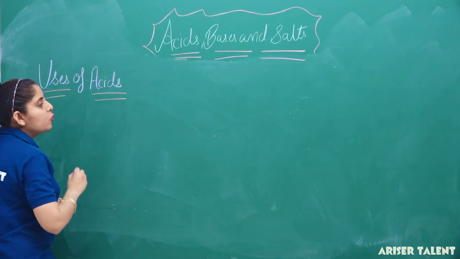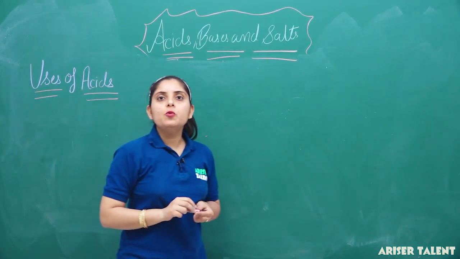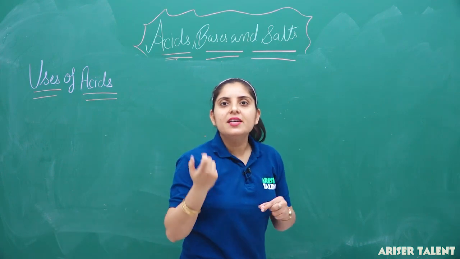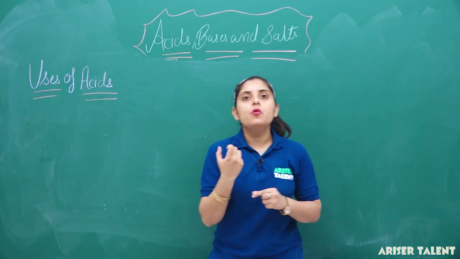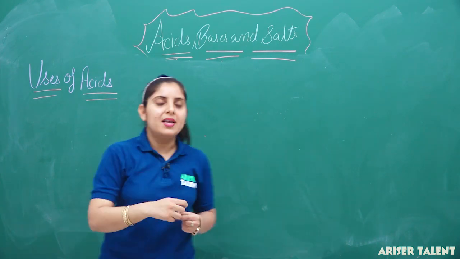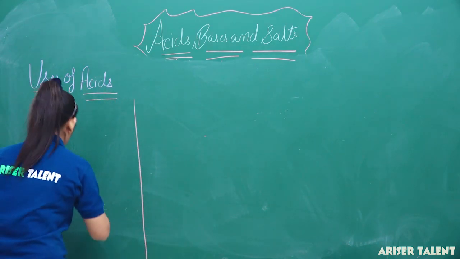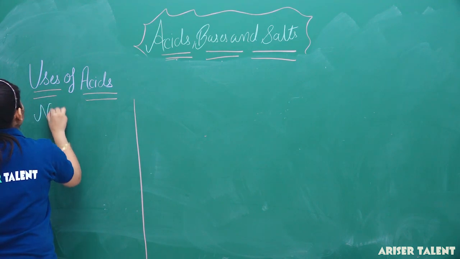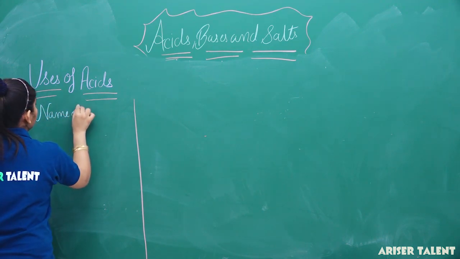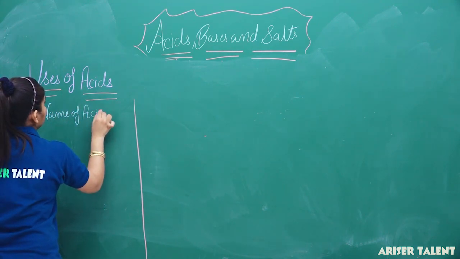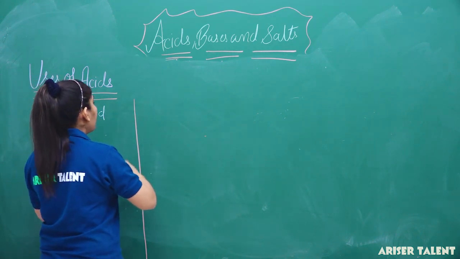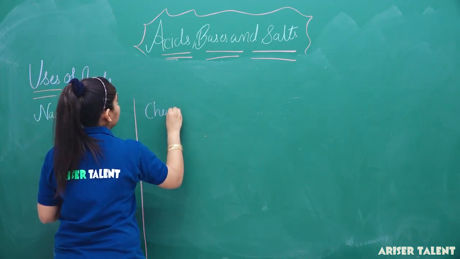So in the uses of the acids, again we have the 2 categories, that is mineral acids and organic acids. So today we are going to discuss about the uses of mineral acids. So here I am writing the name of the acid. Here I am writing about its chemical formula.